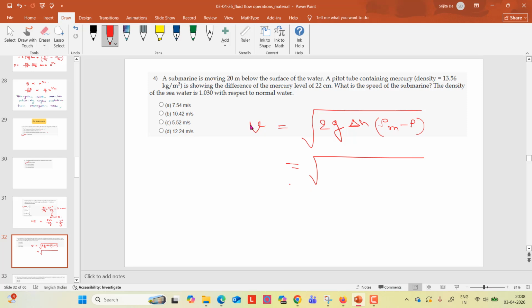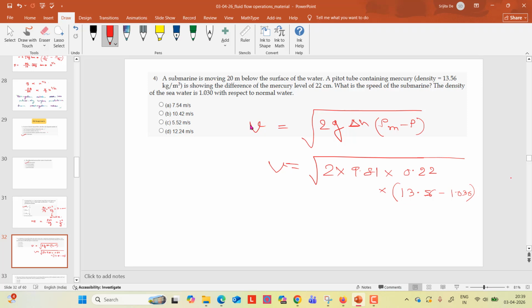So now we'll just put the values. So it will be 2 into 9.81 into delta H. The level difference is given as 22 centimeter, that means 0.22 meter, right? Rho m will be the mercury density 13.56 and the seawater density is 1.030. Okay.